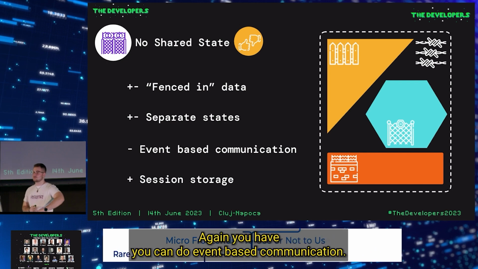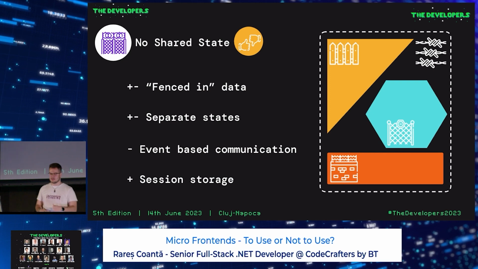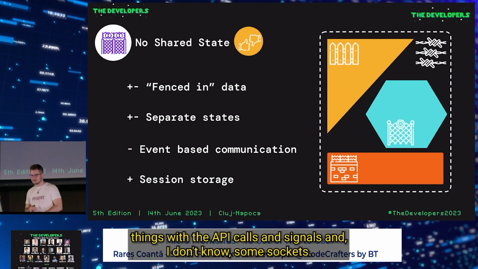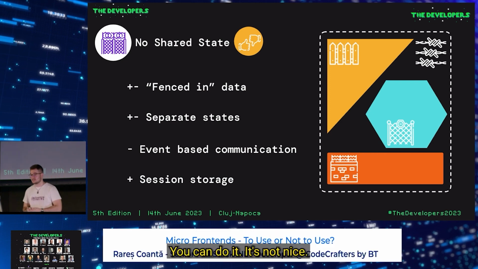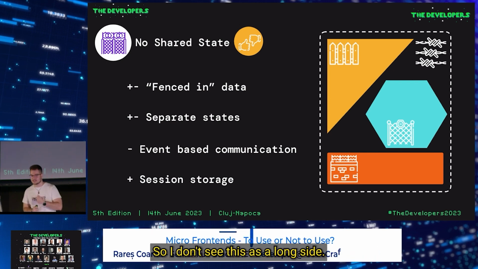Again, you can do event-based communication, you can do messaging queues, you can do some weird things with API calls and signals and, I don't know, some sockets. You can do it. It's not nice, it won't be nice, but it can be done if needed. So I don't see this as a downside.